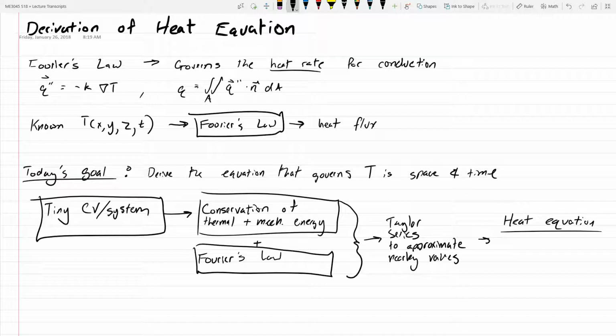So really only a couple of steps here, and we're not going to be opening up any new material. It's just applications of things that we've seen already, and I'll remind you of what a Taylor series is when we get to that point.